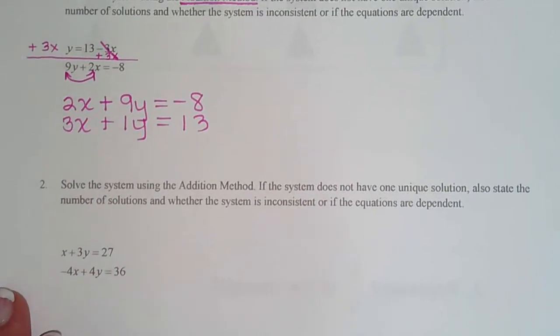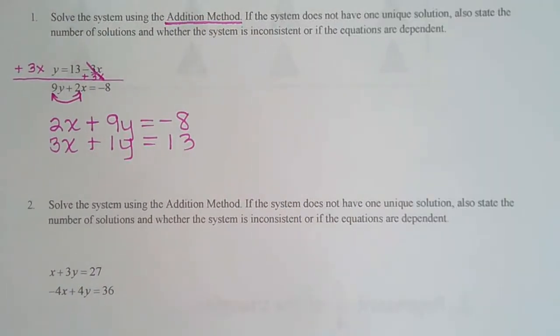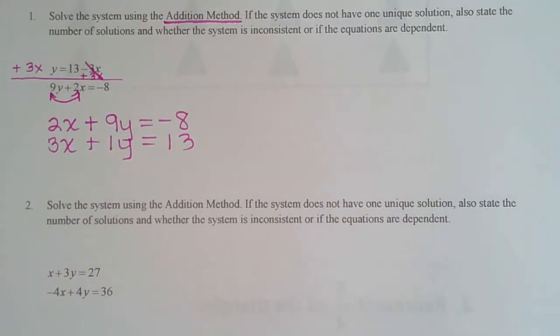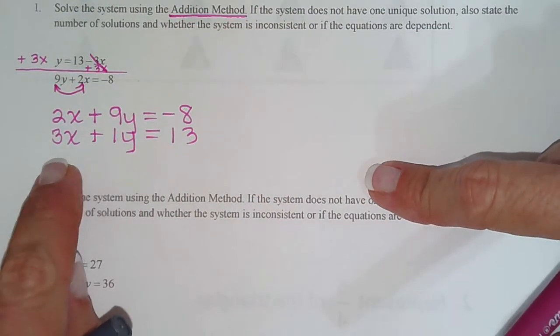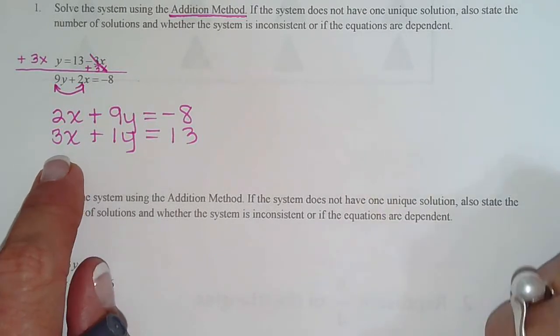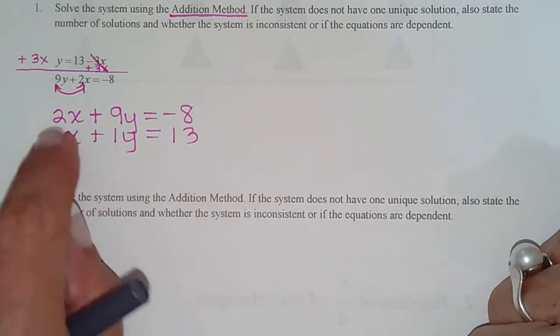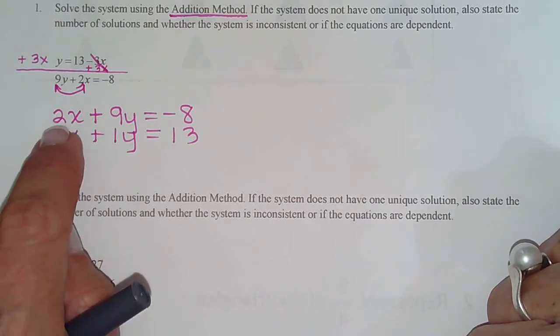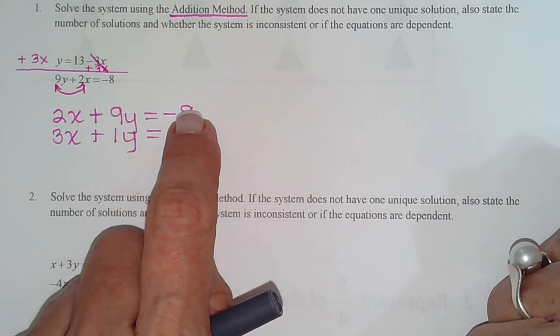So when I look at this, I say, well, if I wanted to make the x's opposite, I could make this positive 6x and this negative 6x. So it's kind of like LCD. You're finding a number they both go into. So 2 and 3 both go into 6. If I wanted to make this positive 6, I'd multiply the whole equation by 3.